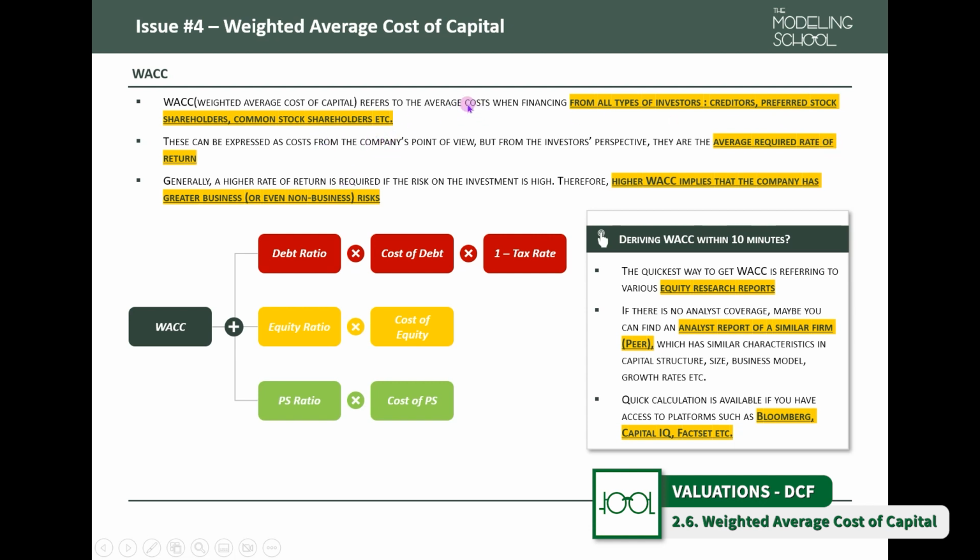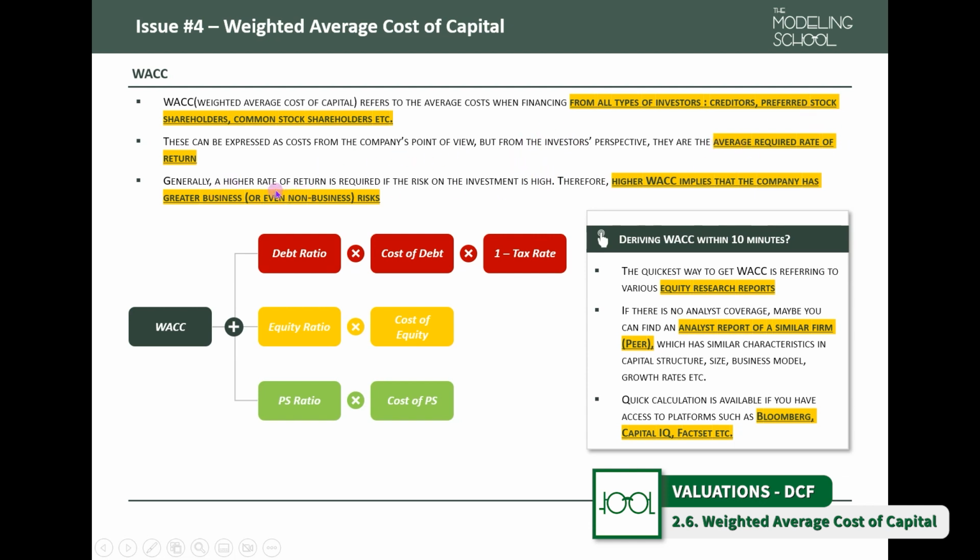So from a company's point of view, it can be thought of as a cost, but from the other side, from the investor's point of view, it is the required rate of return. And a deal is made when these two parties agree on the rate. So usually these two can be expressed as equal. But now we have to think from the investor's point of view.